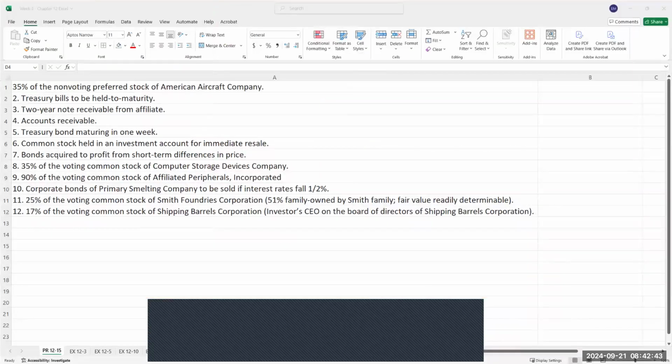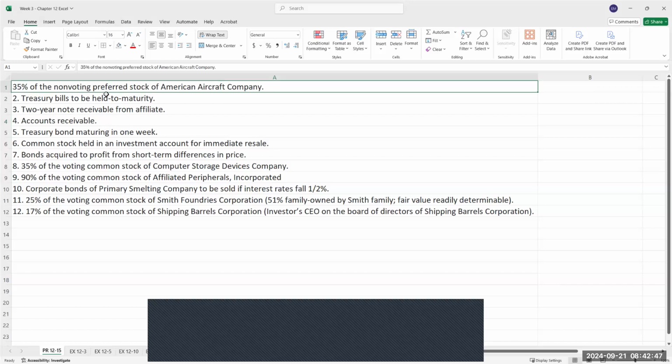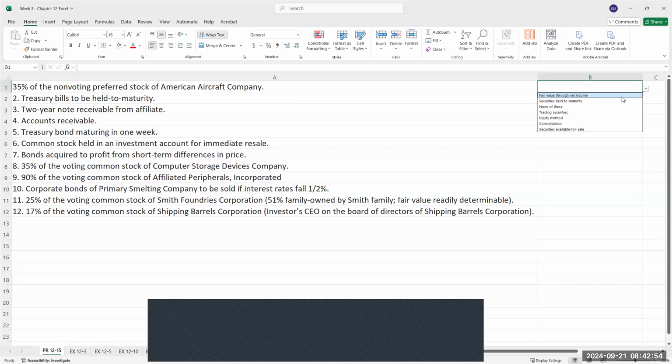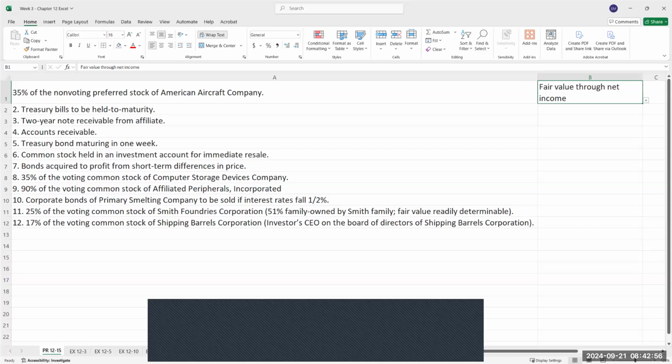So if we get back to the question and the fact pattern, here we see they own 35% of the non-voting preferred stock of American Aircraft Company. So in such case, we use the fair value through net income. And in this case, the reason why we do it is because they do not own voting stock, and it can be a little confusing here.